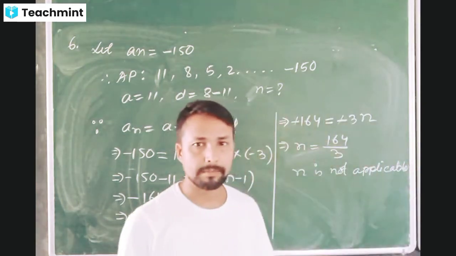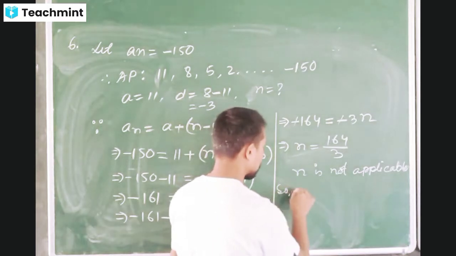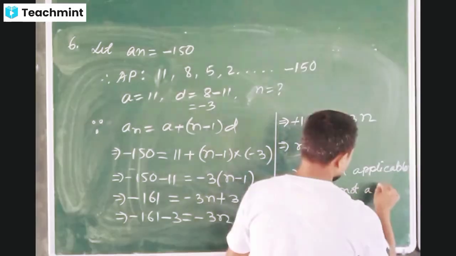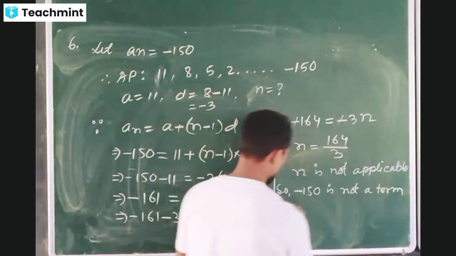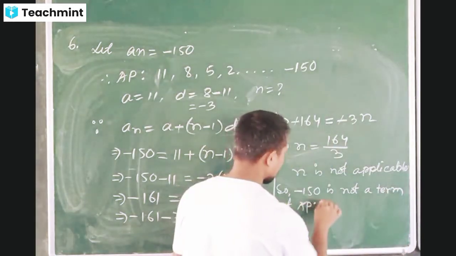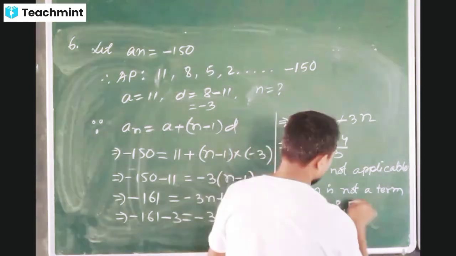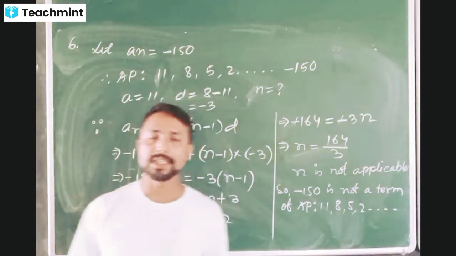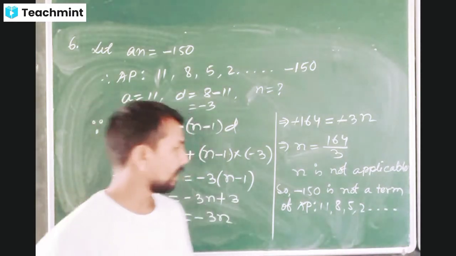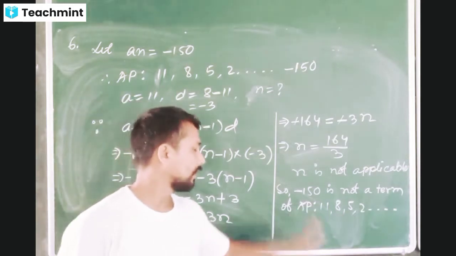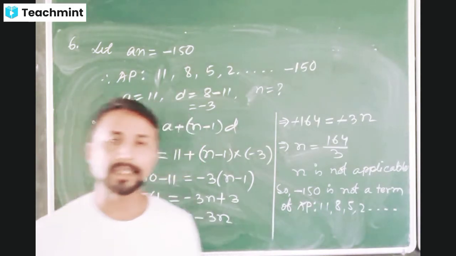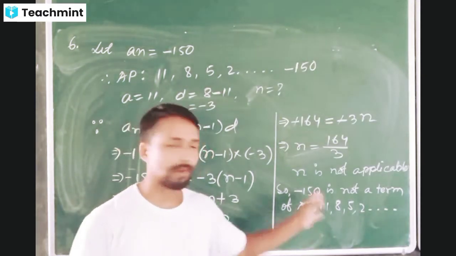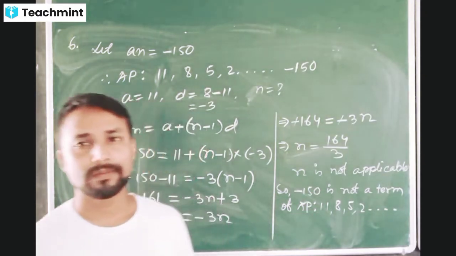So minus 150 is not a term of the AP 11, 8, 5, 2. Minus 150 is not a term of this AP; minus 150 will not fall in it.